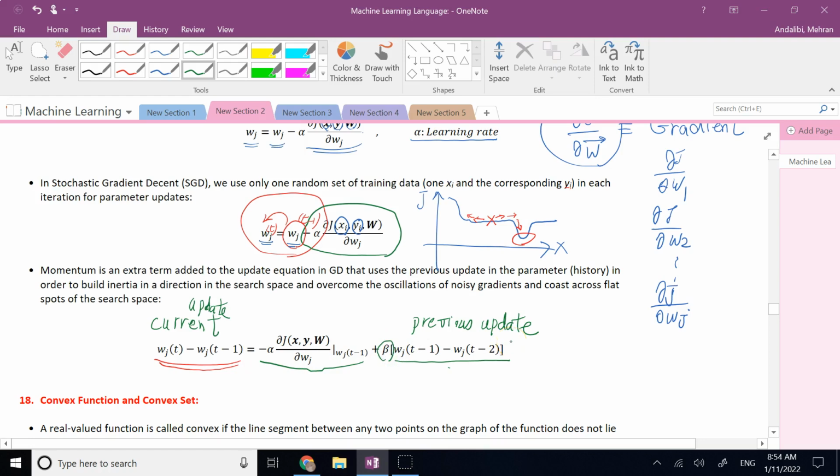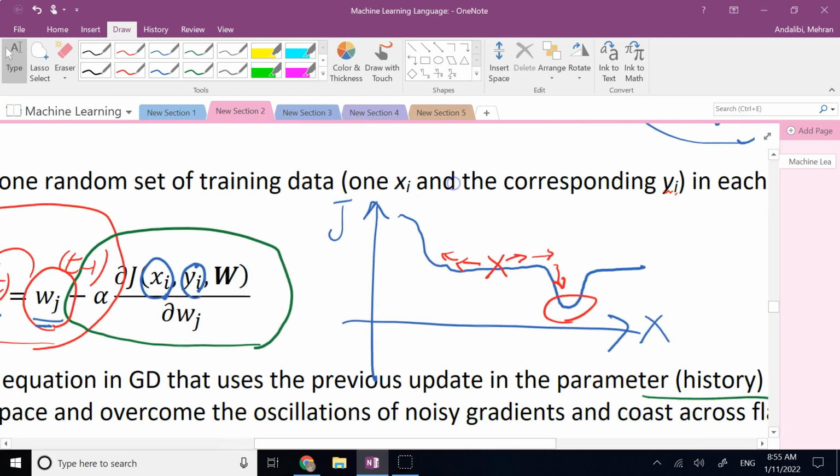In other words, you are trying to use the memory, the history of the data. Okay, we are using history. And what's good about it, the good thing is, in cases that, again, you might be trapped, you're using the history. Like what? Again, going back to this example, look here.